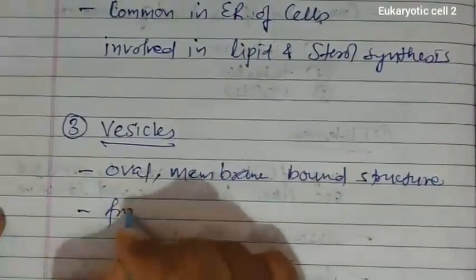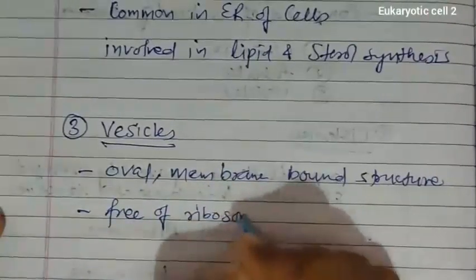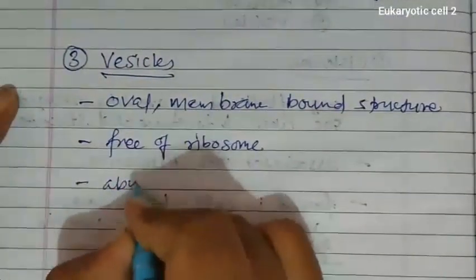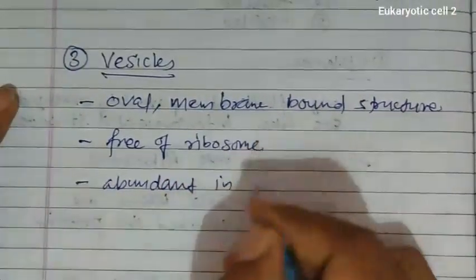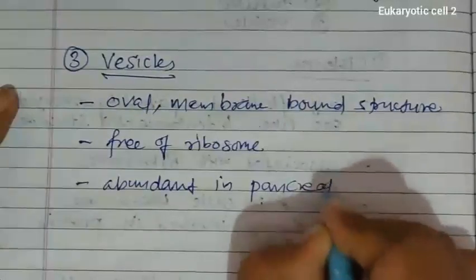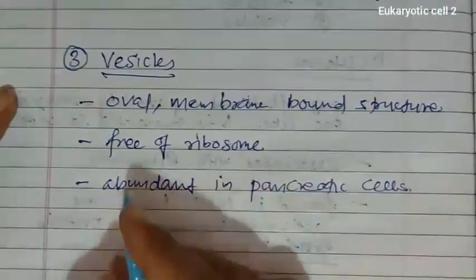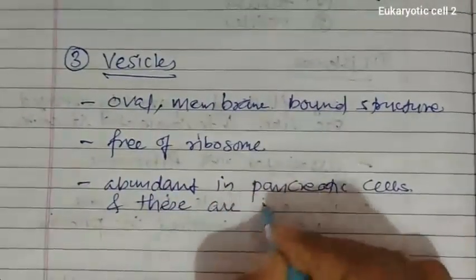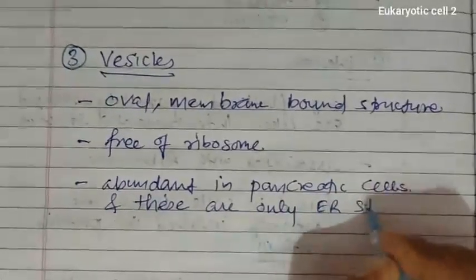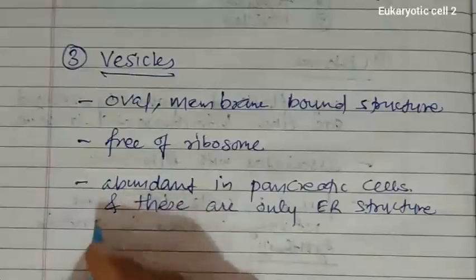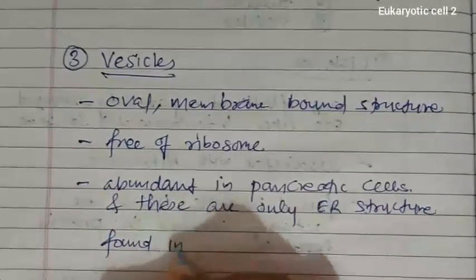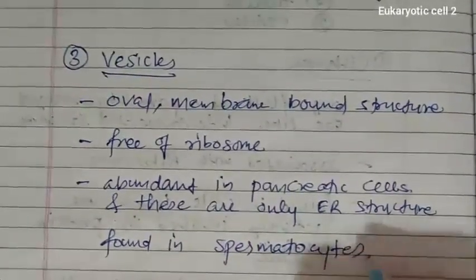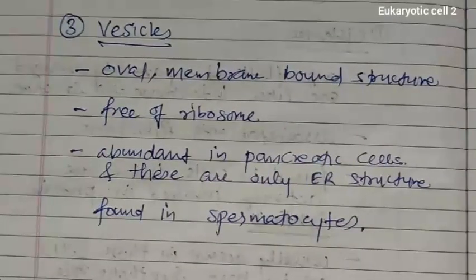They are free of ribosome and they are abundant in pancreatic cells, and these are the only ER structure found in spermatocytes.